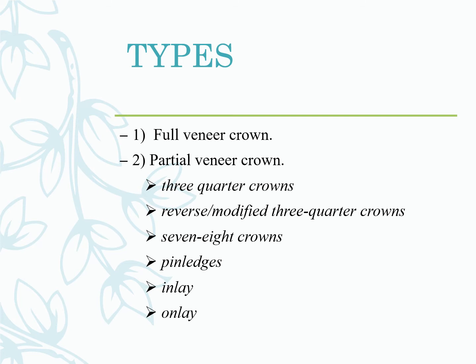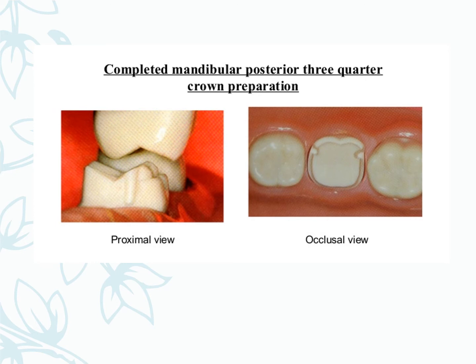In such cases, we add an additional abutment, an additional tooth in your FPD, and you prepare a pin ledge on the lingual or palatal side of the tooth and take additional support, which helps in retaining the FPD and gives stronger support. That is a pin ledge preparation.